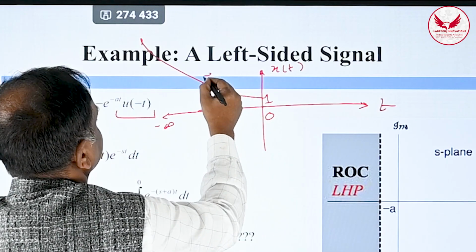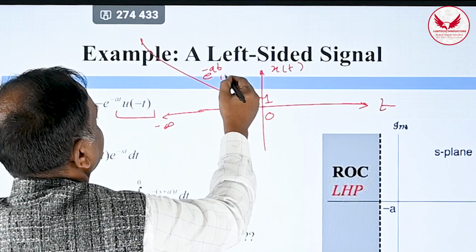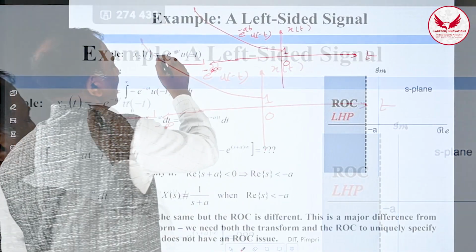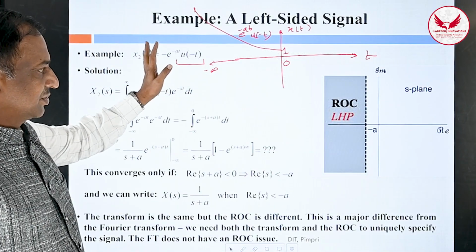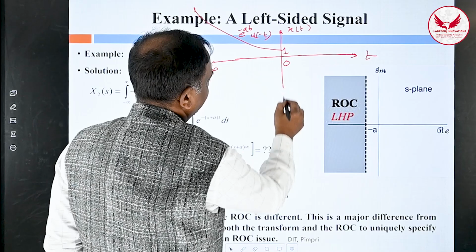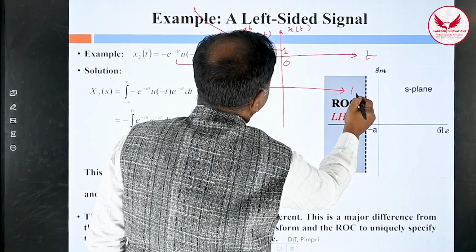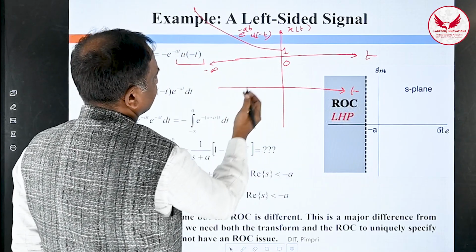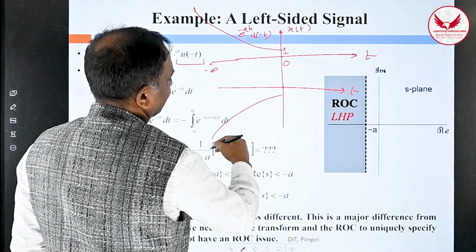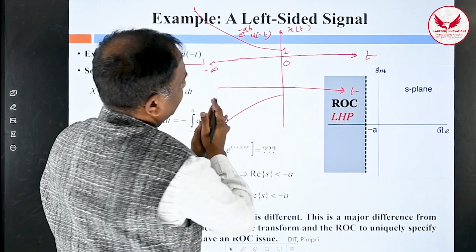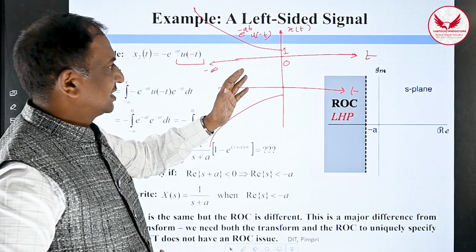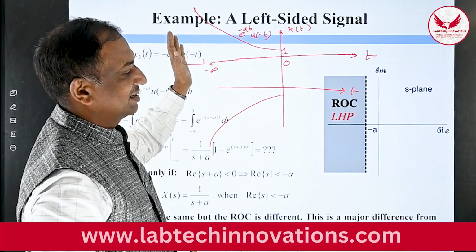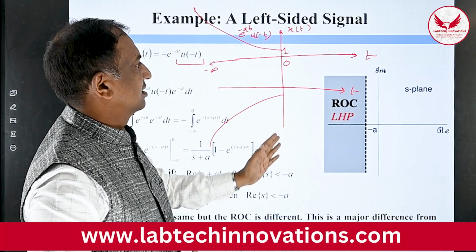So this is e raised to minus at u of minus t. And here there is a minus, meaning the amplitude has become negative. So the same signal you can draw. Actually this x of t can be represented like this. Minus means the signal looks like this. So why is it called the left-sided signal? Because it is present on the left side of the y-axis.